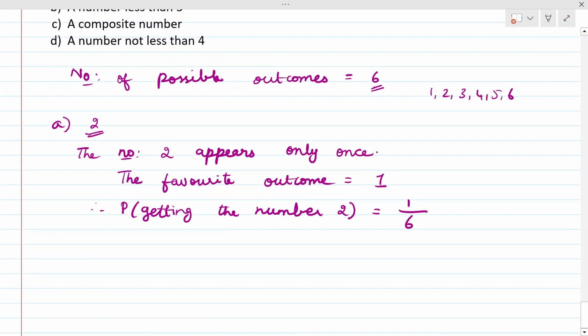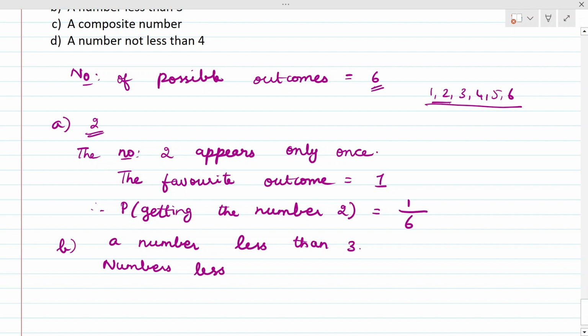And now the second subdivision, B: a number less than 3. We have totally 6 possibilities, and in that, how many numbers are less than 3? They are 1 and 2. They have not said less than or equal to, so 3 will not be included in this case.